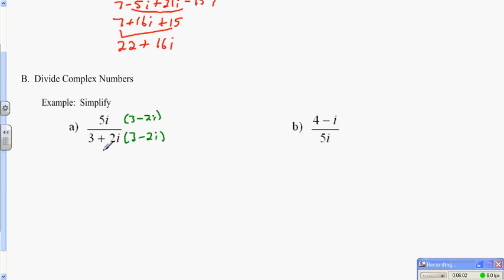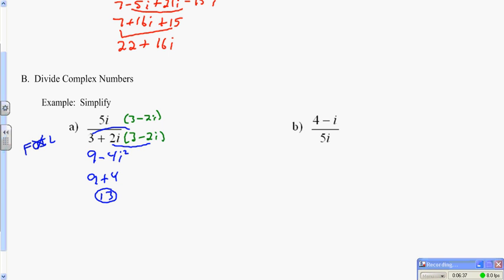So we will FOIL the bottom, and if they are conjugates, remember, out of the FOIL process, we do not need to do the outside and inside because they will cancel if they are conjugates. So I only need to do the first and the last. And that will give us a negative 4i squared, which is the same as a negative 4 times a negative 1, so plus 4, which is 13.